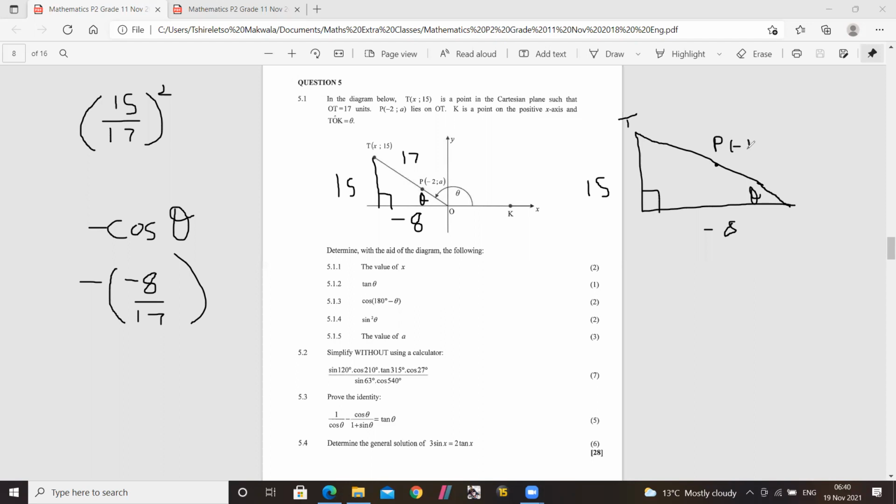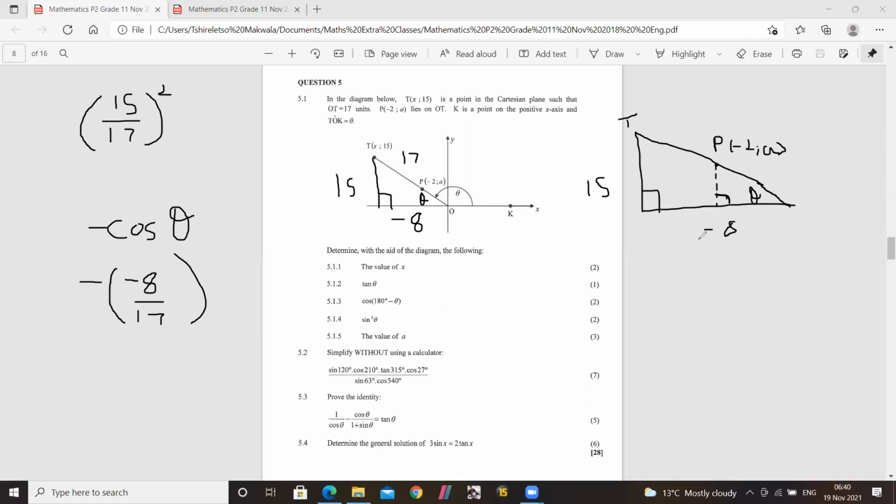And A is the y coordinate of P. So I'm going to show you that there are actually two triangles here. Do you see from P, you can redraw a line from this point going down, making a 90-degree triangle?